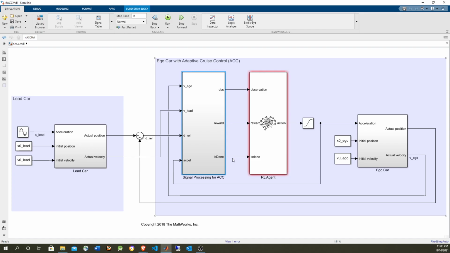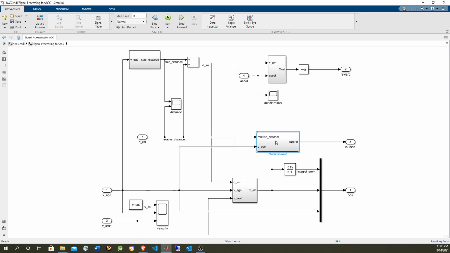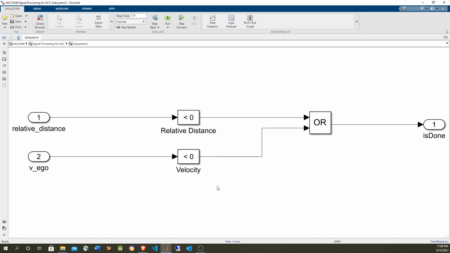You don't want the car to stop. So those are precisely the two rules that we have for the Boolean. If your relative distance is less than 0, it means that you crashed with the car in the front. If the velocity of the ego car is less than 0, it means that you stopped, and you don't want that either. Either of the two is going to stop the experiment.